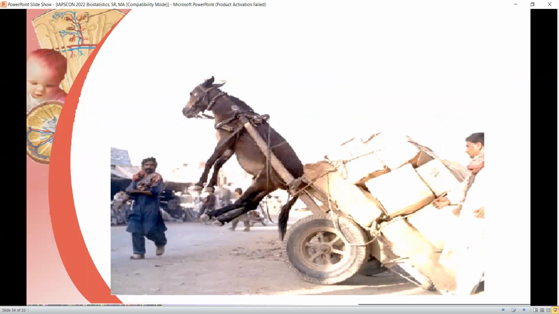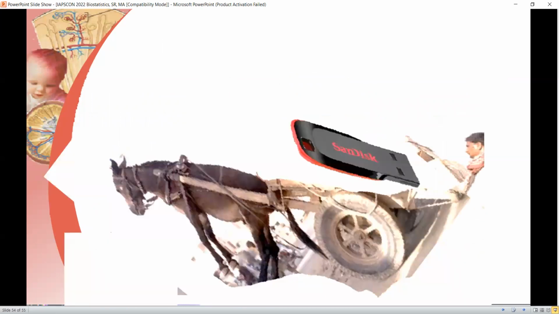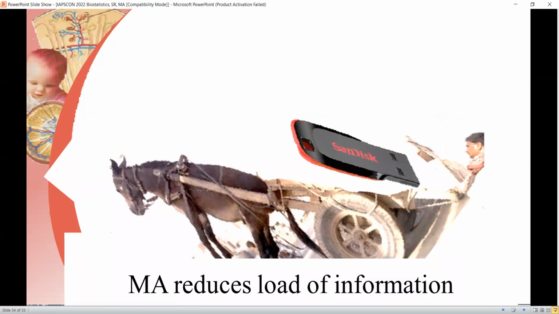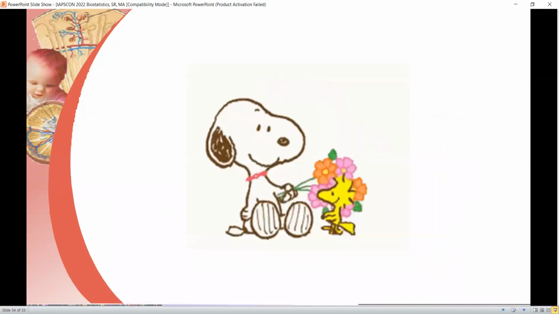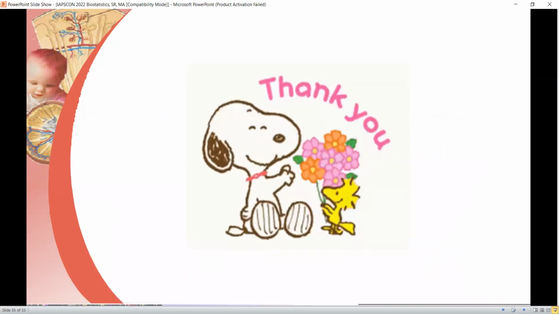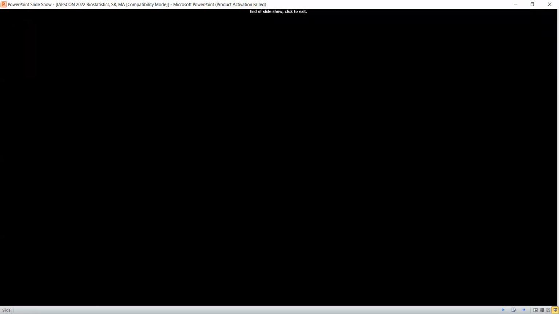But meta-analysis is helpful to prevent information overload. It summarizes the information into a concise capsule. However, inference depends on what information you have obtained and when, so it is likely to change with the type of information and the time when you are analyzing. So that's about it. Thank you for listening to this talk.